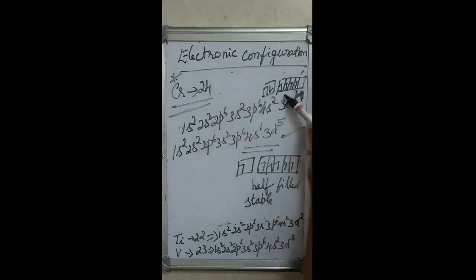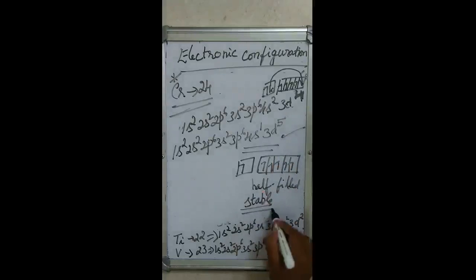Since the half-filled configuration is most stable, one electron present in the 4s orbital will jump to the d orbital, and it gets a half-filled electronic configuration, because half-filled is the most stable electronic configuration.